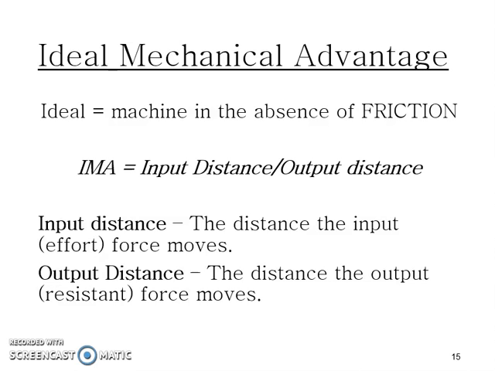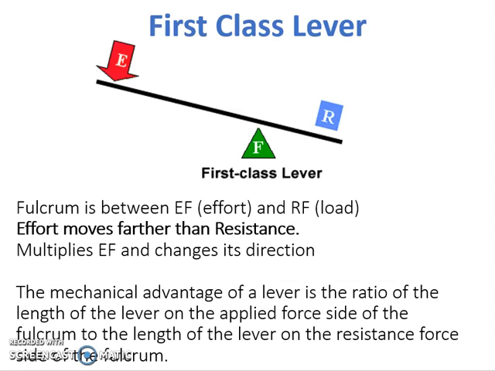Our next machine that we're going to talk about is the lever. And so there's actually three classes of levers. We've got to talk about a few vocab things here. E is for effort, R is for resistance, and the fulcrum is basically where the thing pivots.